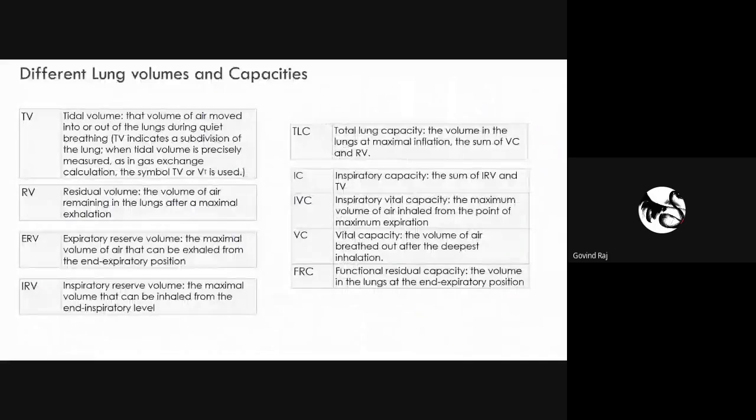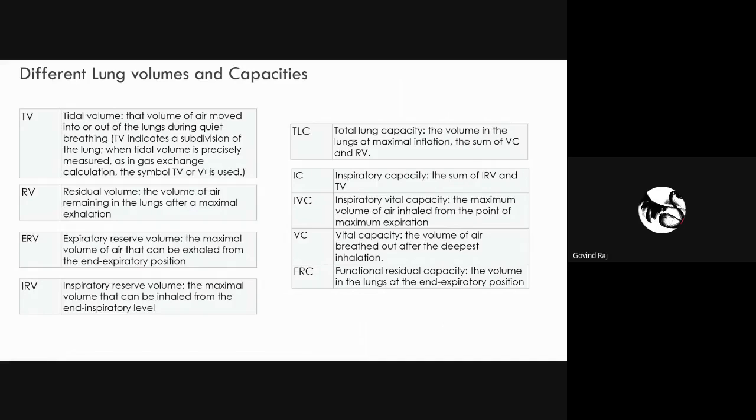And the expiratory reserve volume is the maximal volume of air that can be exhaled from the end expiratory position. That is how much air we can breathe out forcefully. That is expiratory reserve volume.